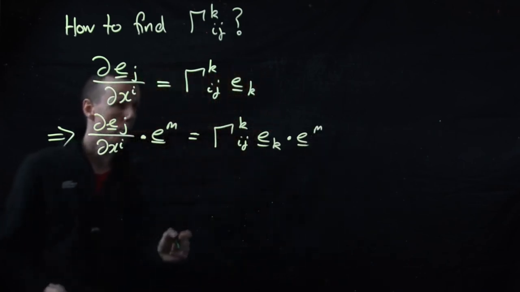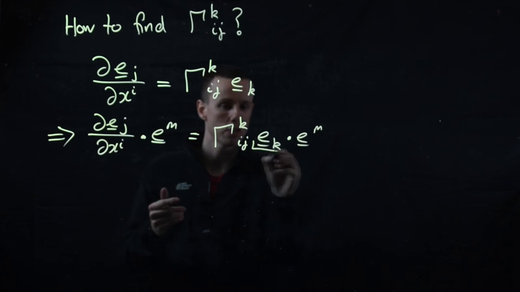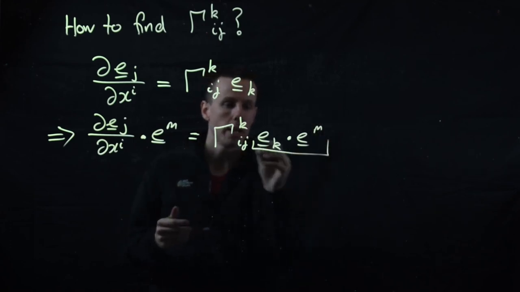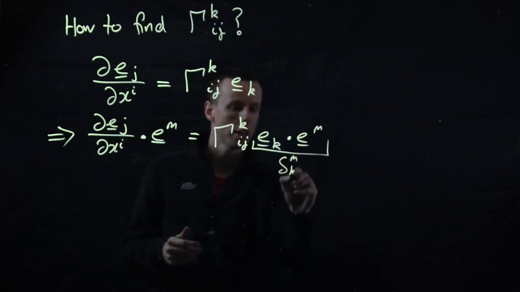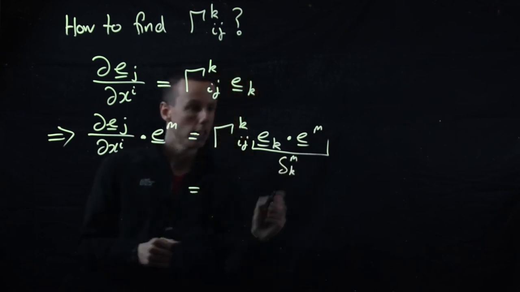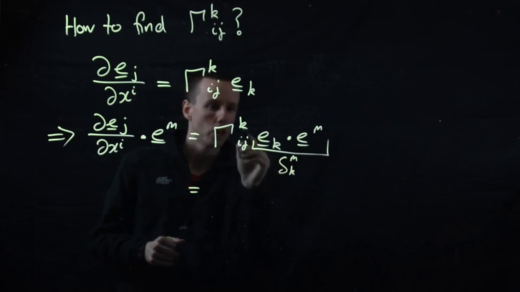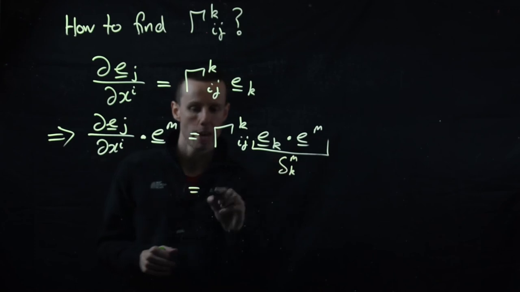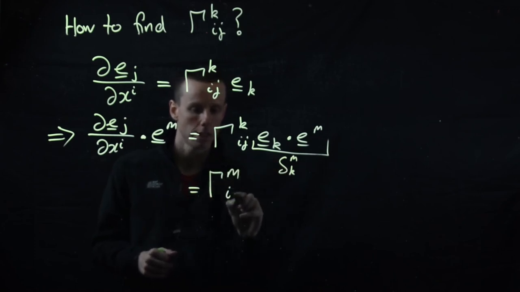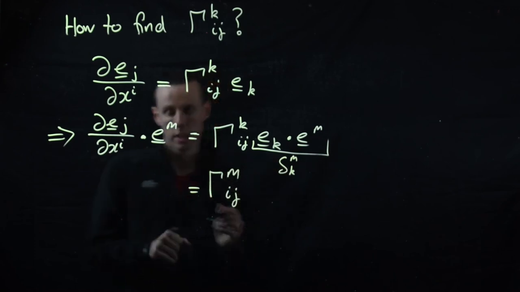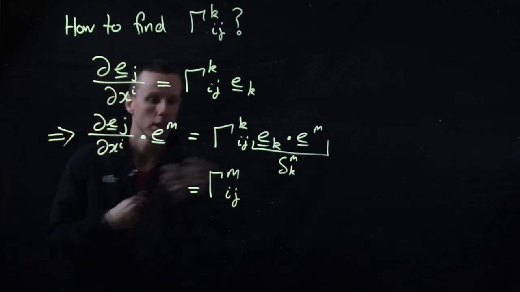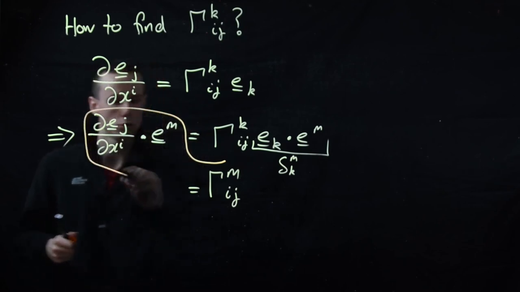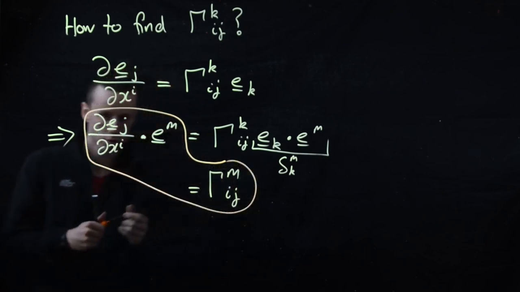As you will hopefully remember from the definition of reciprocal basis vectors, this thing, e_k dot E^m, is nothing other than delta^m_k. So in the sum over k here, you have only one non-zero term, which is when k equals m. So this is nothing other than Gamma^m_ij. That is the formula for how you find Christoffel symbols.